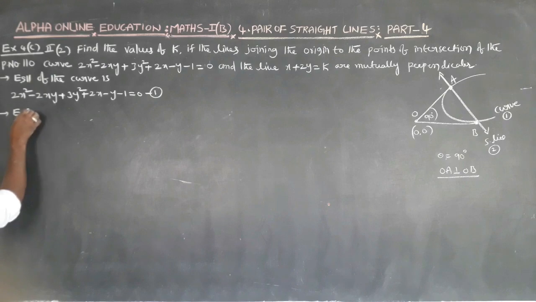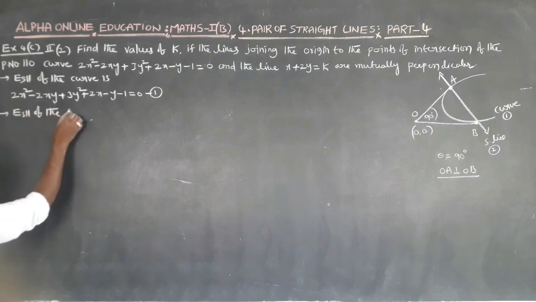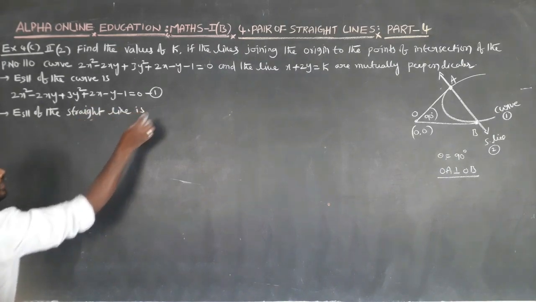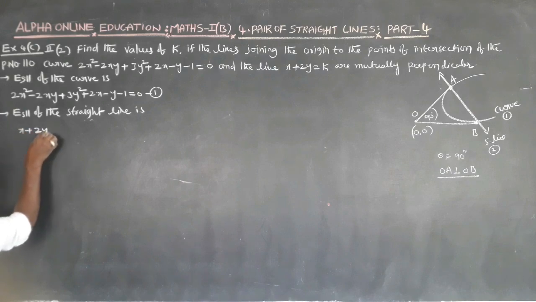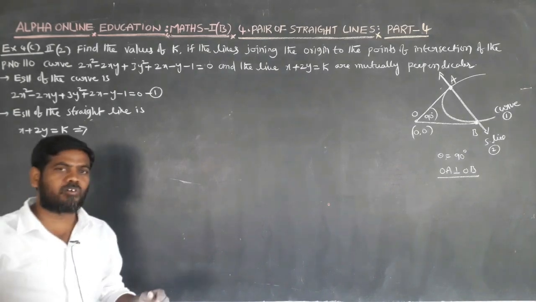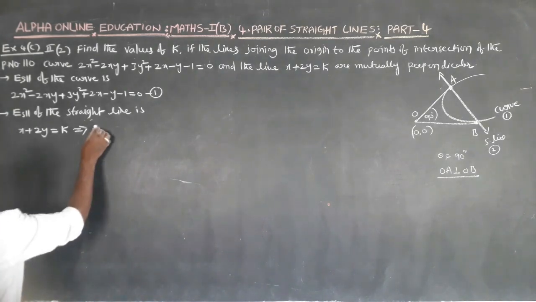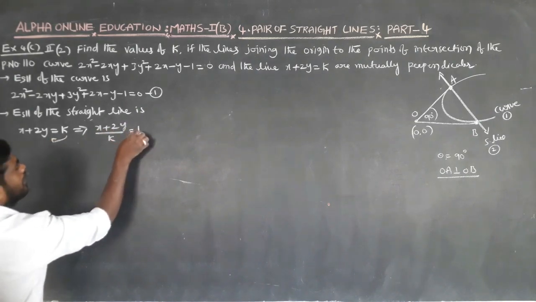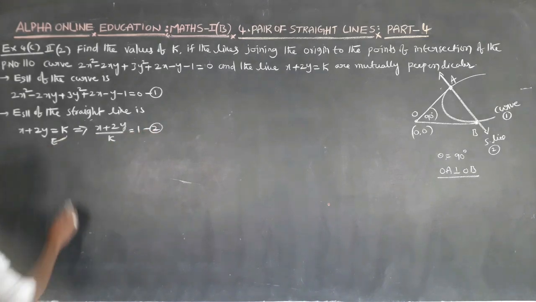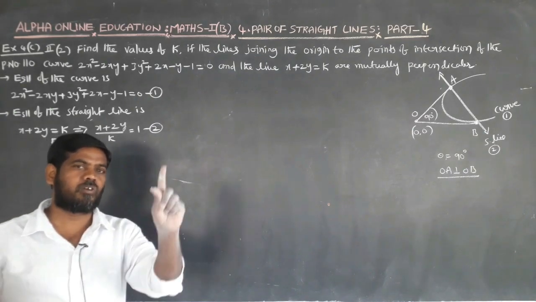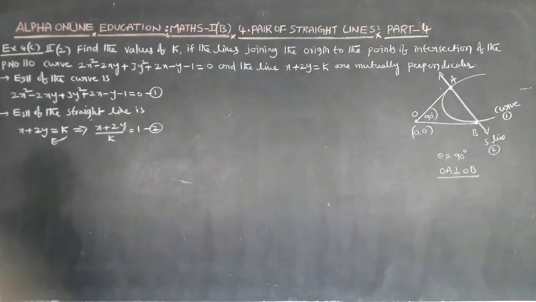The equation of the straight line is x plus 2y is equal to k. Taking k to the left side, transformed into (x plus 2y) by k is equal to 1. Always write the line in the form equal to 1 on the right side. Again, homogenizing.